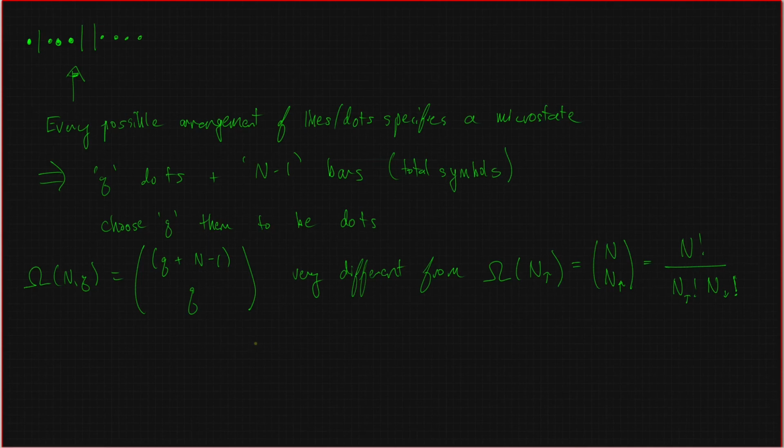All right, so now that we've kind of introduced how you can count the microstates for an Einstein solid, we're going to move ahead to an interacting system of Einstein solids. So we know how to count for 1.